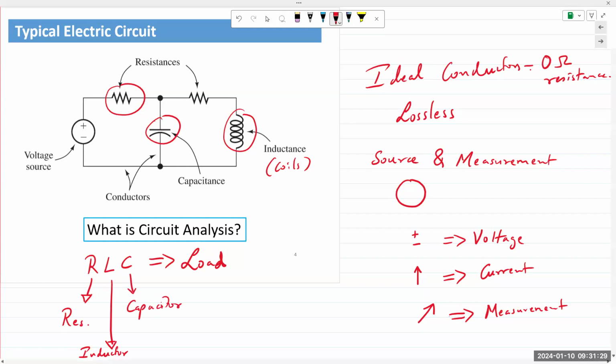Resistor, inductor, capacitor. Chapters 1 and 2 deal with resistive circuit analysis. Chapters 3 and 4 deal with capacitors and inductors. And then chapters 5, 6, and 7 or 5.5 in this book deal with AC analysis applied to all three components.